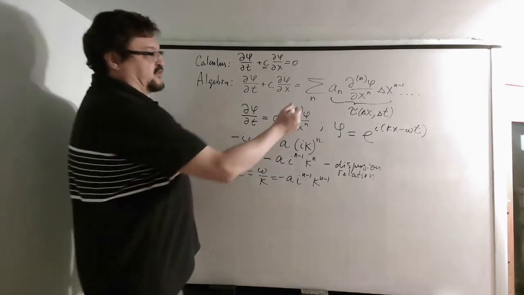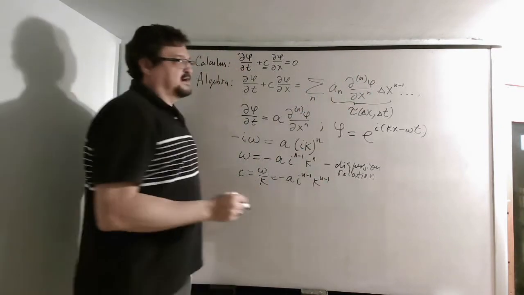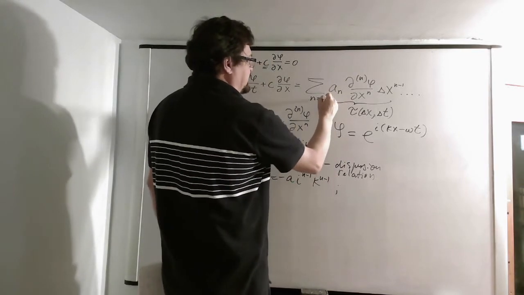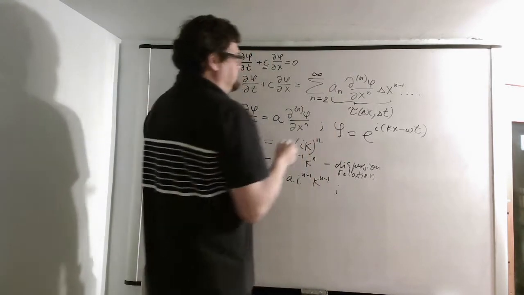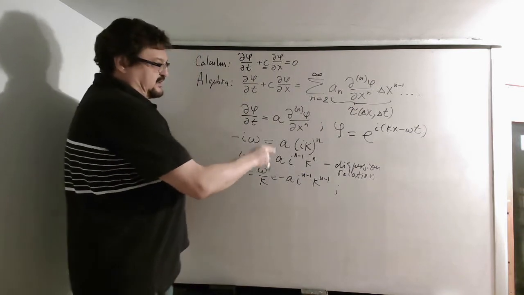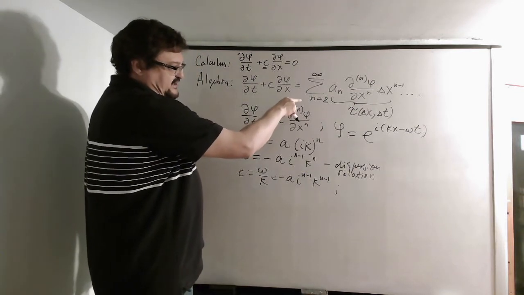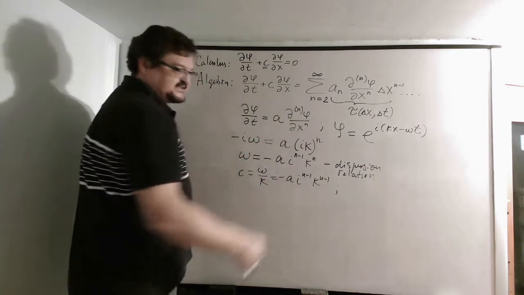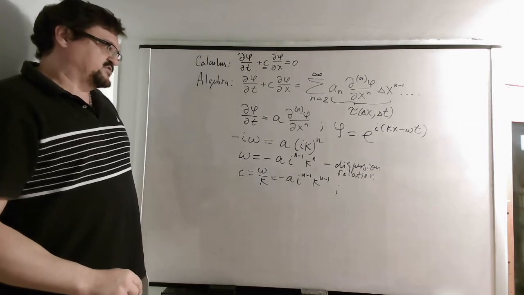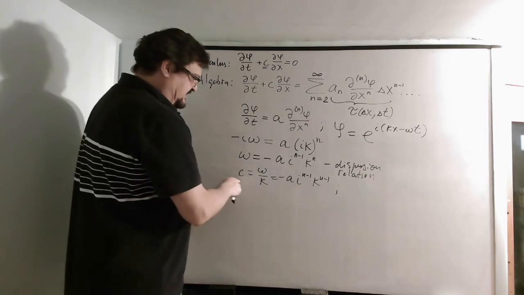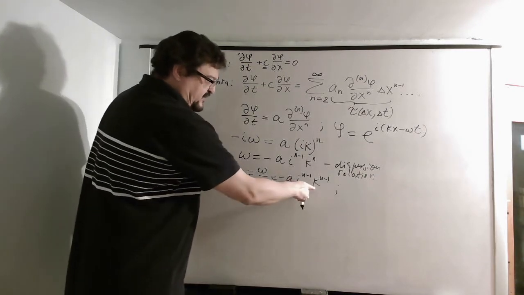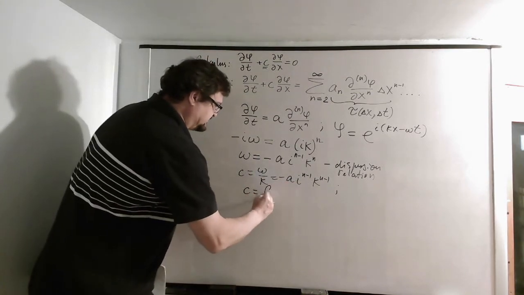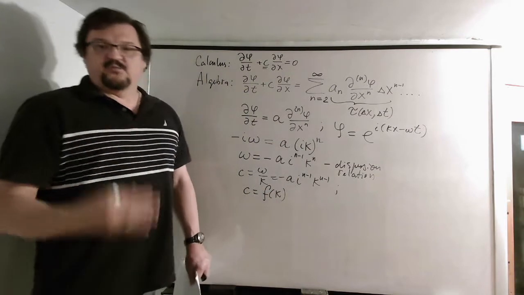But for our truncation error, we have n greater than 1, so n here is from 2 to infinity. For n greater than 1, that is 2, 3, and so forth, we have different dispersion relations, and we see that our c now starts depending on k. So c is a function of k, of wavelength.